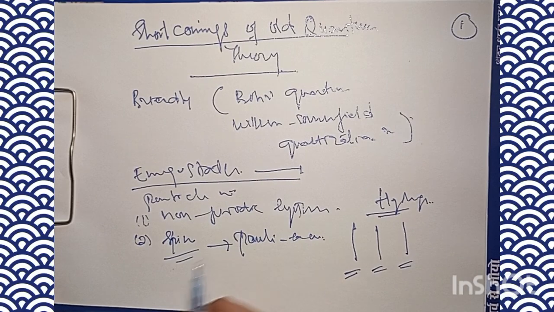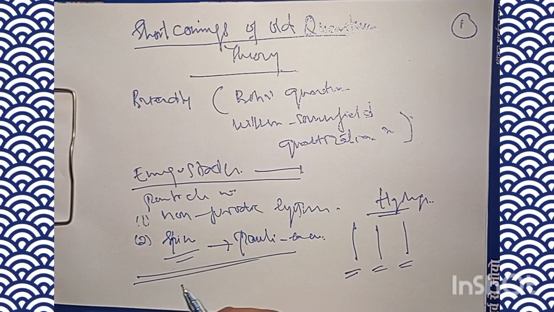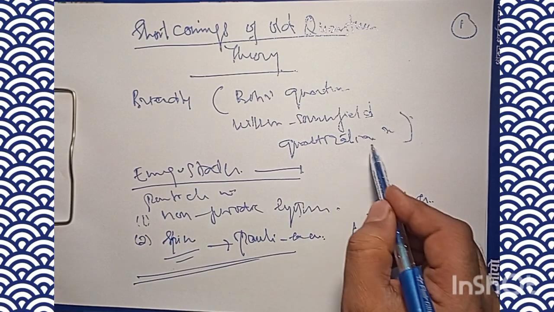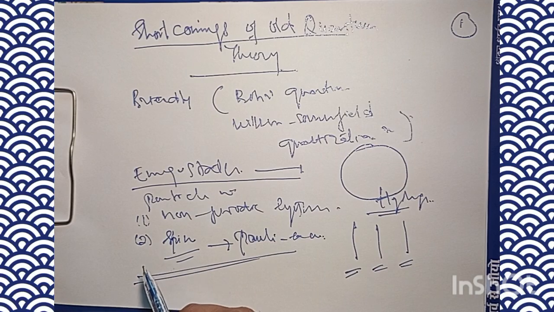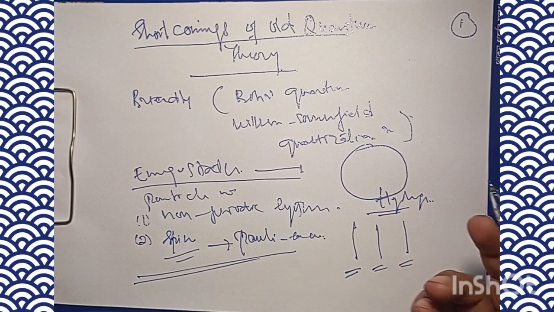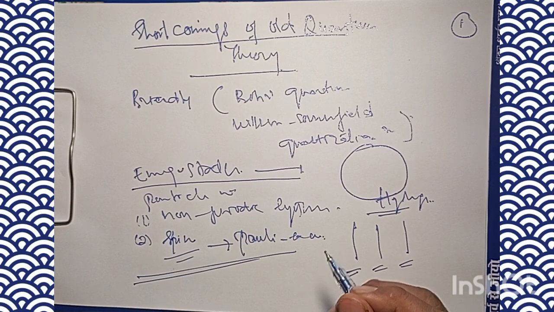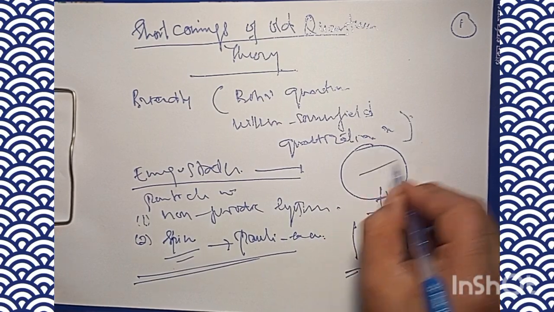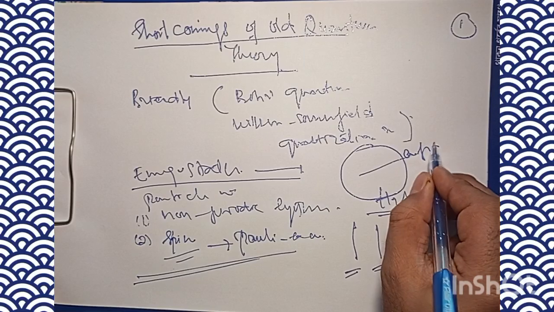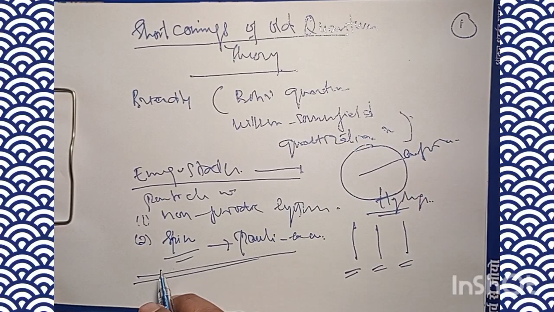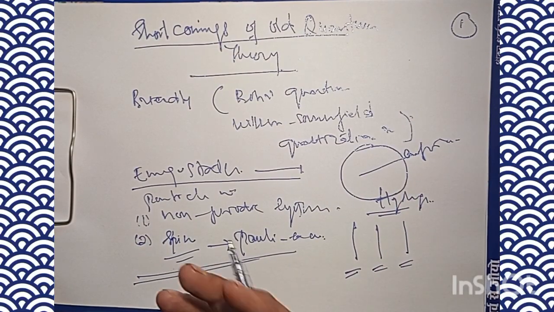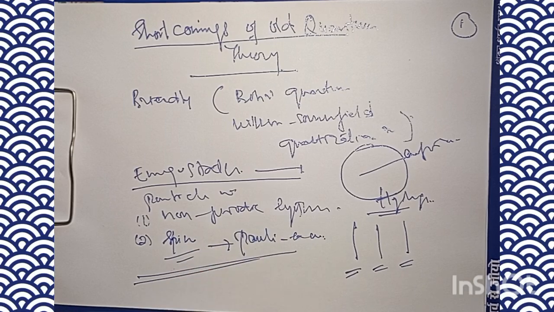Bohr's postulates, which talk about the discrete, non-radiating shells or states on which this old quantum theory was based, were purely empirical in nature, without having some theoretical background in them.